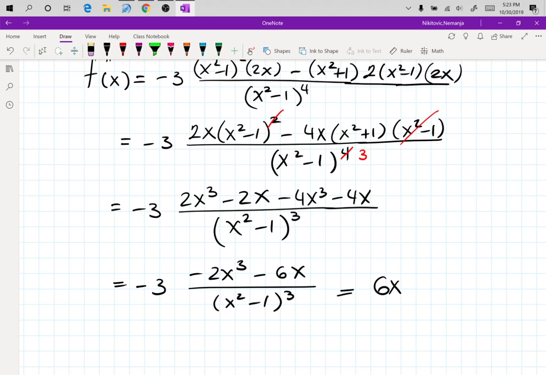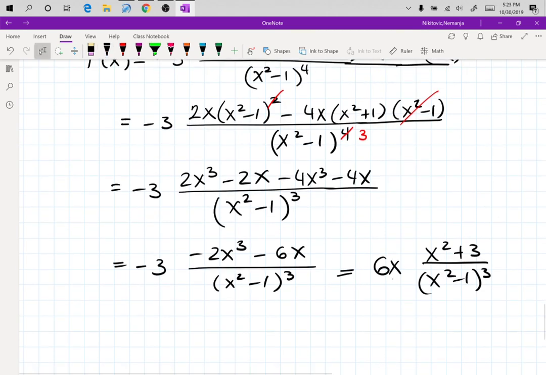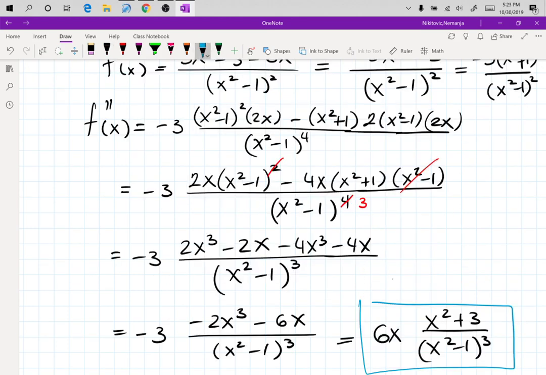Kick out x. And what's left is x squared plus 3 divided by x squared minus 1 cubed. I think that's good enough. So minuses are all gone. Take out 2 becomes a 6. Take out x against that. Good. And then x squared. Perfect. All right. So now we have our second derivative.